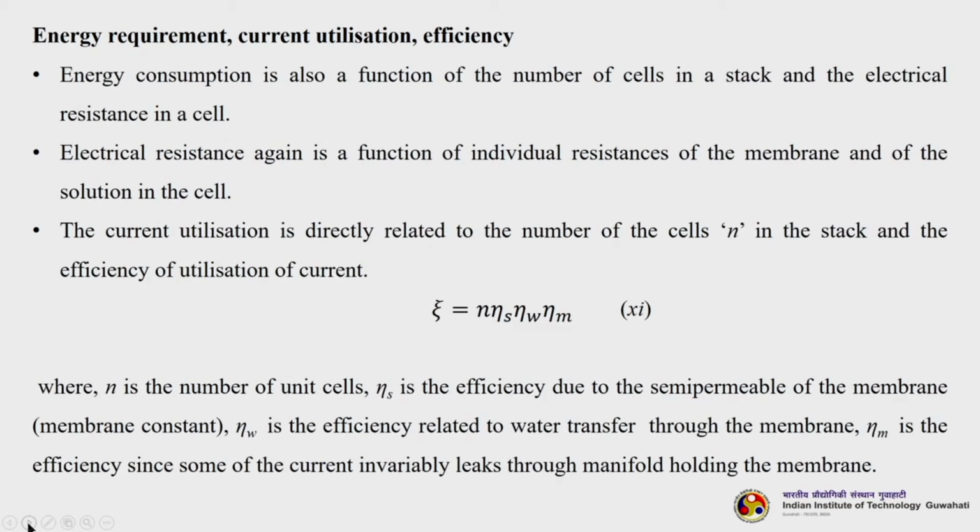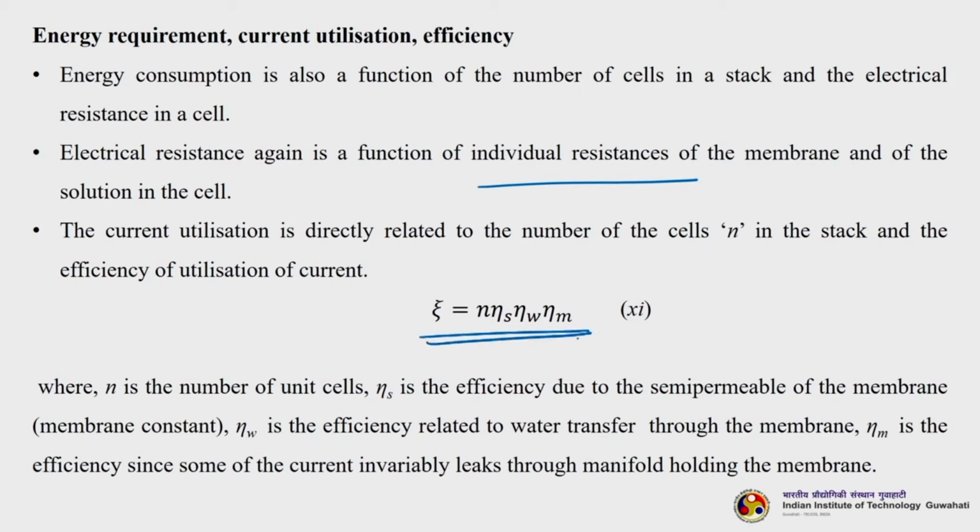So, energy consumption is also a function of the number of cells in a stack and the electrical resistance in a cell. Electrical resistance again is a function of individual resistances of the membrane and of the solution in the cell. Now, the current utilization is directly related to the number of cells by this equation.